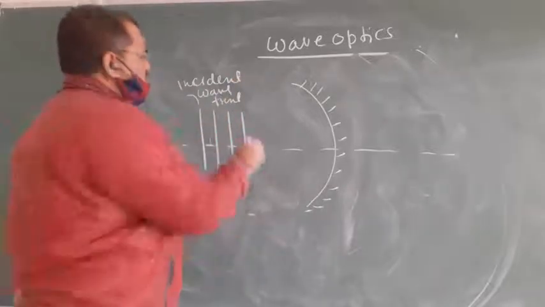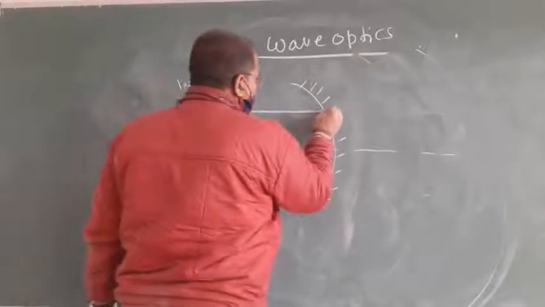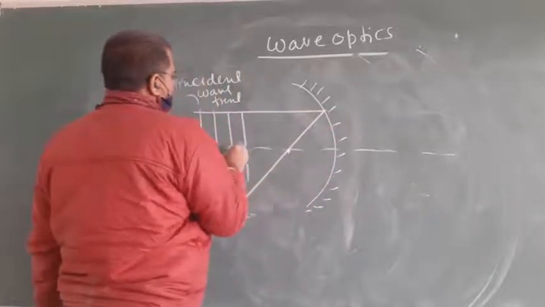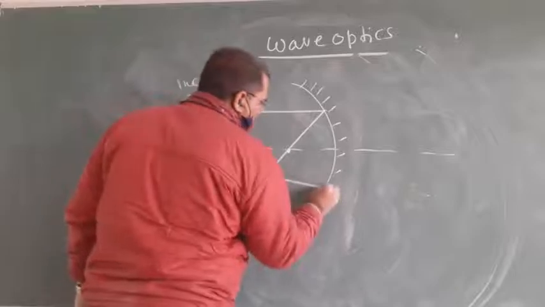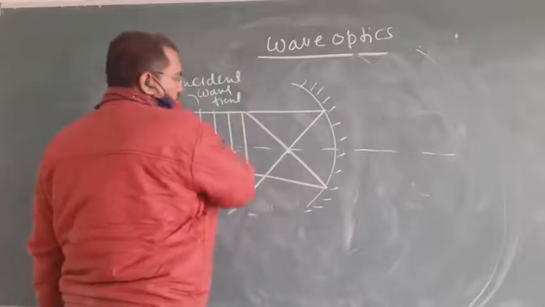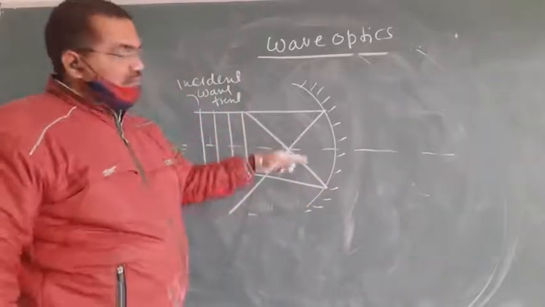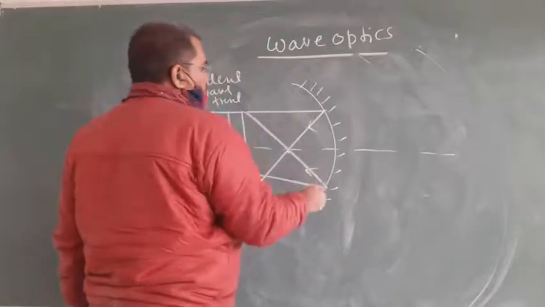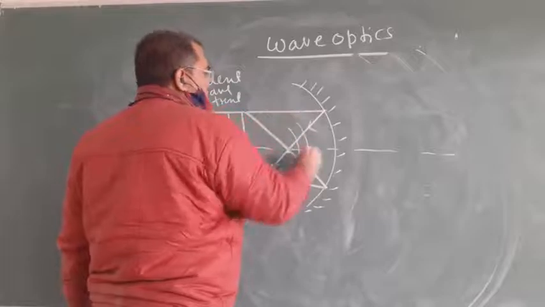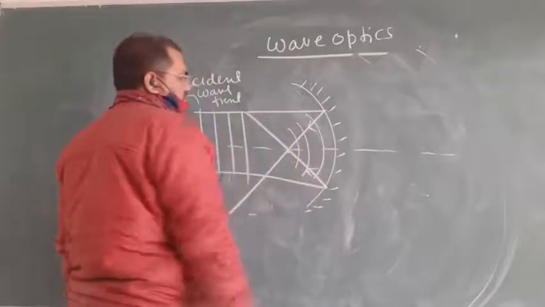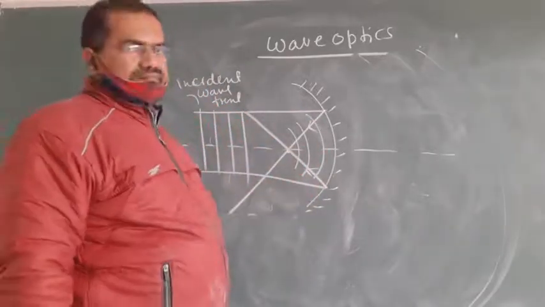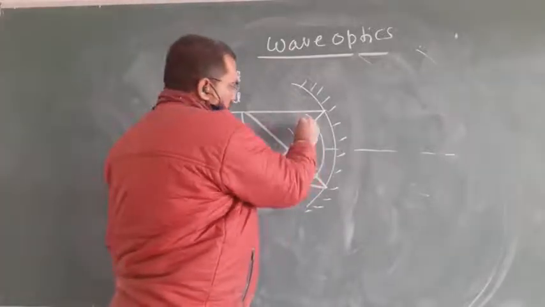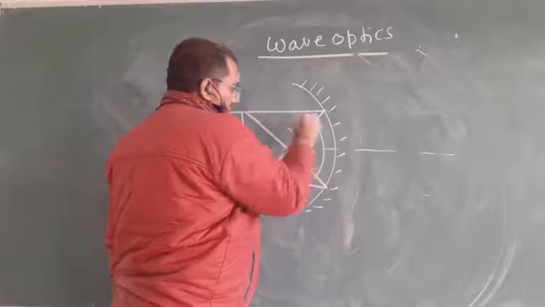First of all, take two rays. This ray going through the focus, and these are the radial rays. Reflected rays are radial, so the wavefront must be like that, spherical, at 90 degrees.